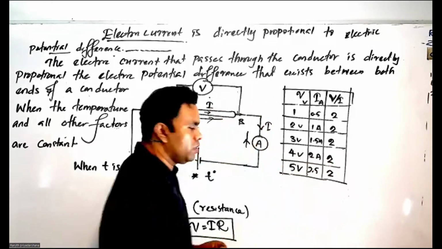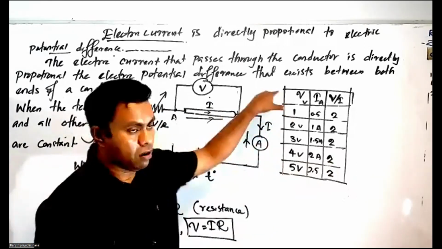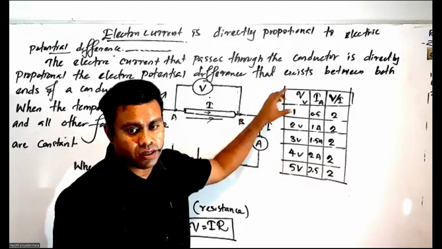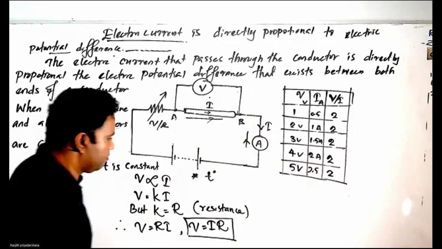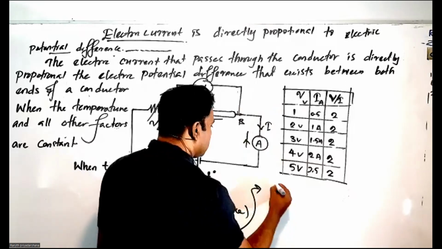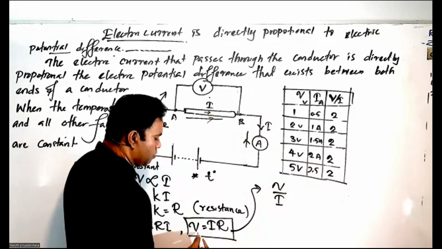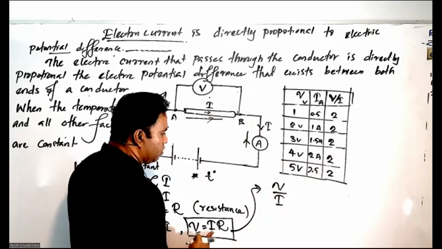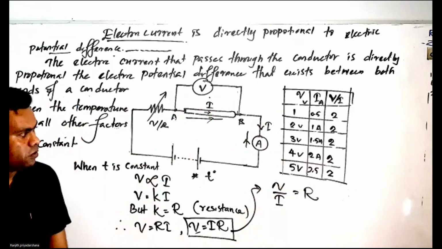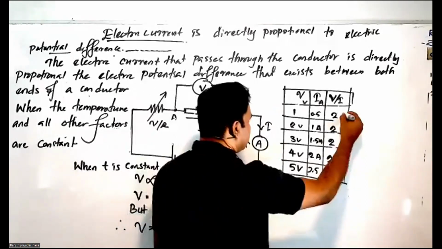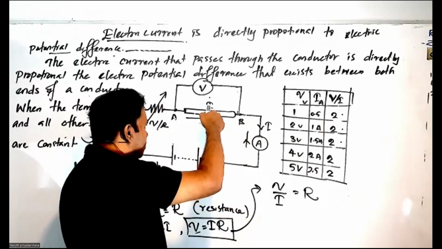So this 2 is always a constant, only for this example, right? So V upon I means actually, look at this. V upon I equals resistance. So that is the constant depending on some qualities of this conductor.